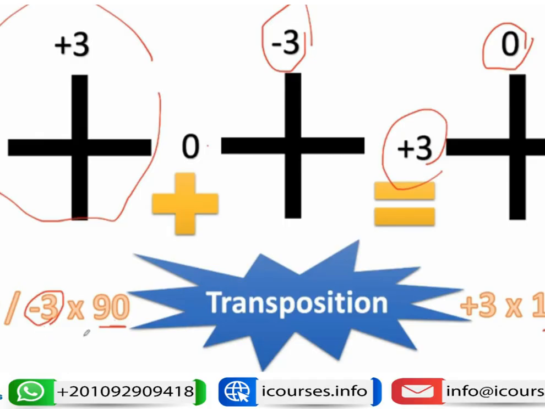Also, we may want to change the minus form of the cylinder to the plus form, and this is the main reason we do transposition. We change the minus form to the plus form, or the plus form to the minus form, in order to make the two eyes have the same cylindrical sign. So how can we do it mathematically?